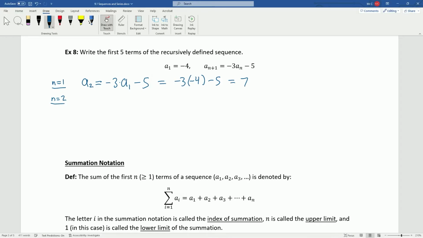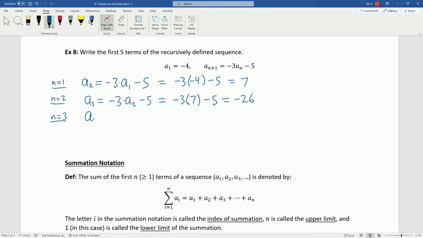Plug in n equals 2, I get a sub 3 equals negative 3 times a2 minus 5. That's negative 3 times, well, a2 was 7, right? a2 equals 7 minus 5. That's negative 21 minus 5. That's negative 26.